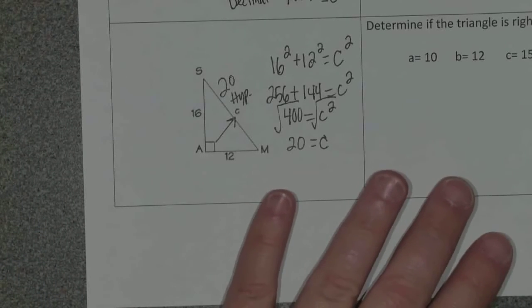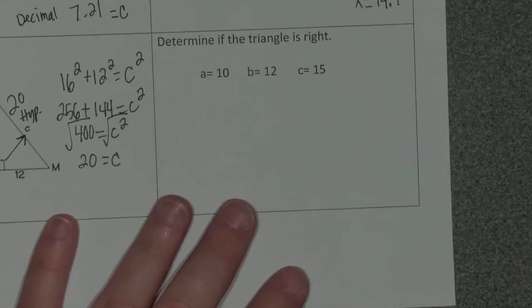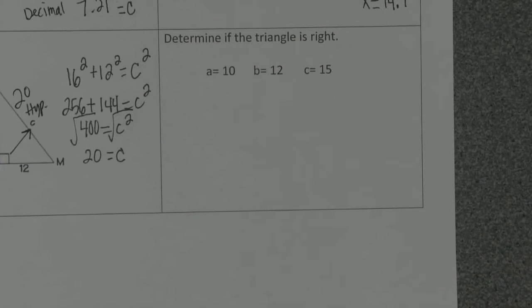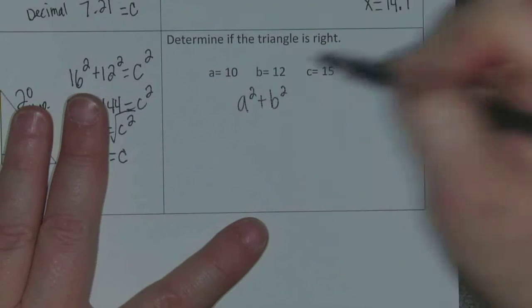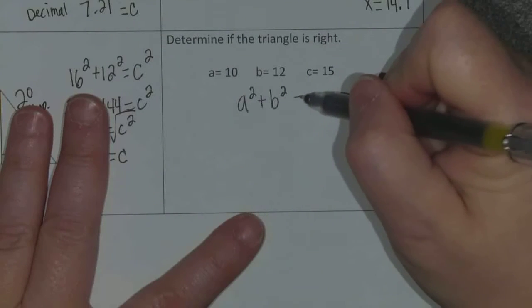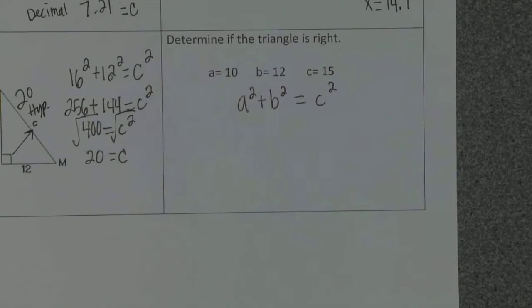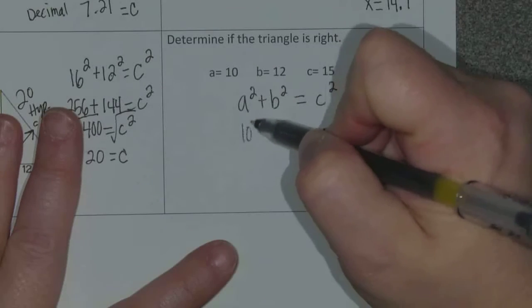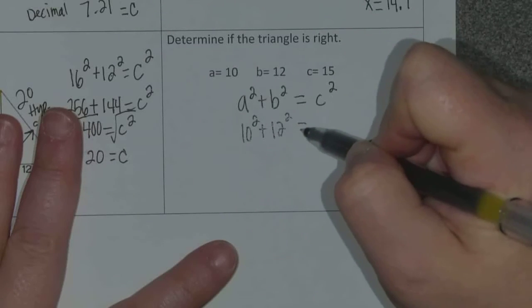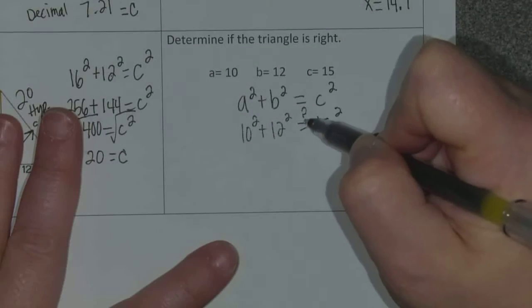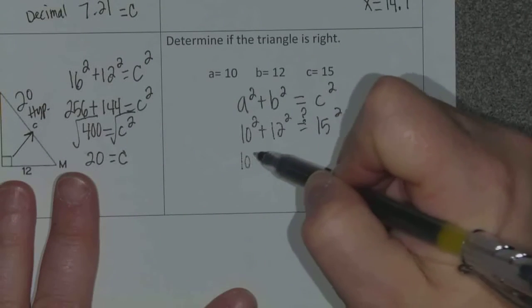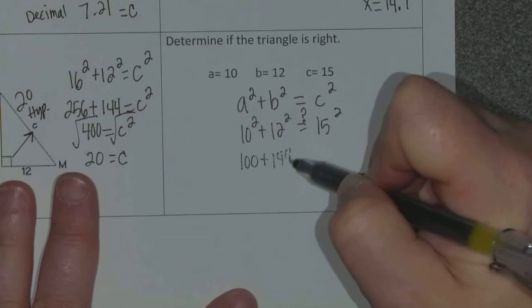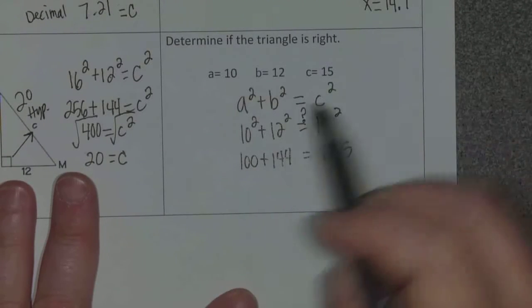Okay. One last question. It says determine if the triangle is right. Well, if it's right, guess what happens? This side of my equation, the a squared plus b squared, would have to be equal to the c squared. So I'm just going to plug in all 3 of my numbers and see if it works. So 10 squared plus 12 squared. I want to know if that equals 15 squared. I'm going to put a question mark there because I don't know if it does. 10 squared is 100. 12 squared is 144. 15 squared is 225.